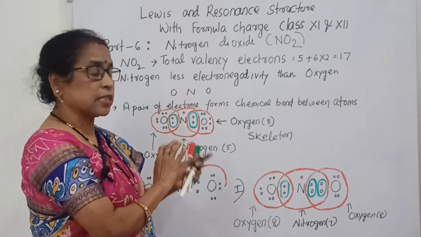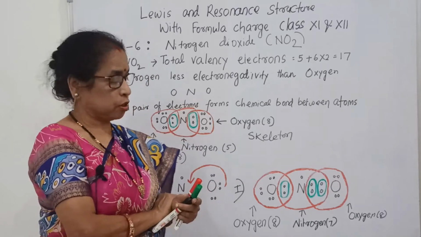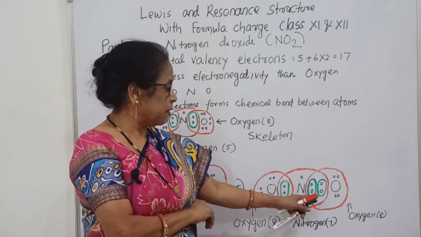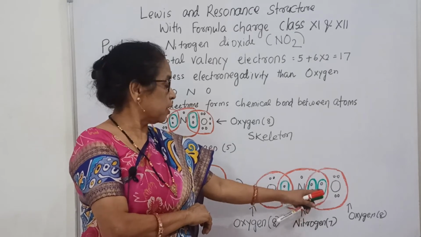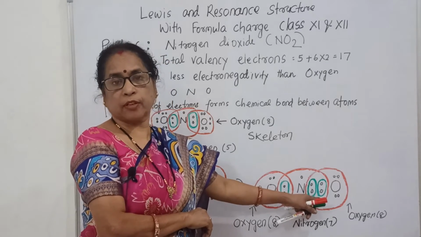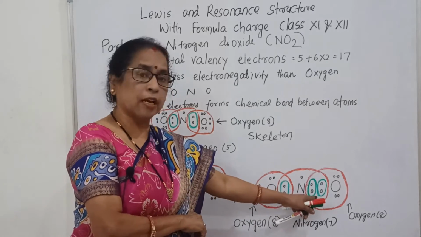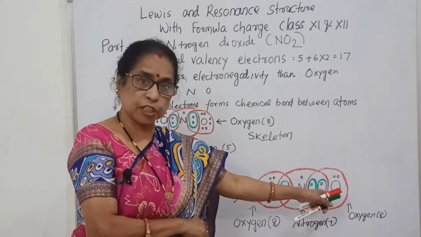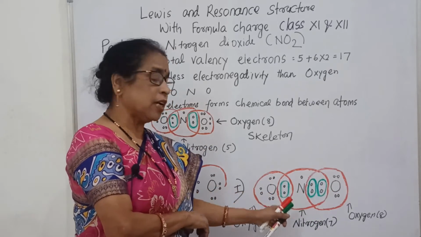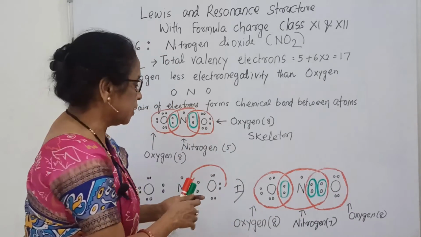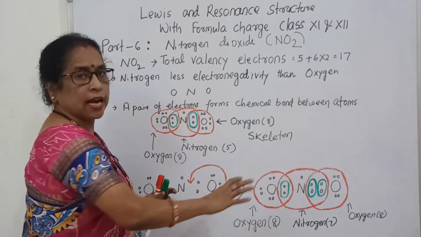The pairs of electrons, by sharing, form two covalent bonds. This is one sharing of a pair of electrons, and here two chemical bonds between nitrogen and that oxygen, and here one chemical bond between this oxygen and nitrogen.